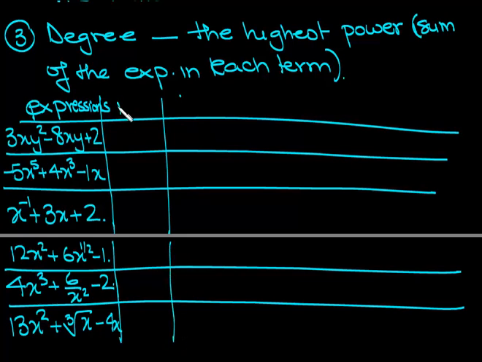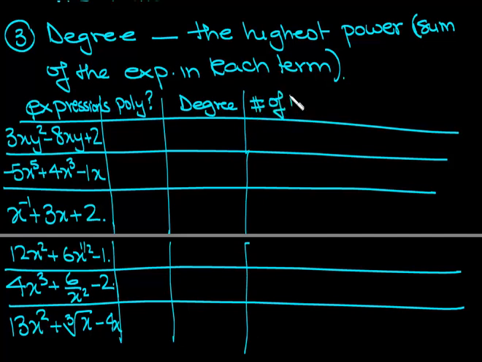Okay, so I'll just put polynomials question mark. The next thing is, if they are polynomials, we want to identify the degree right away. Then we want to identify the number of terms, because that's going to be important later, and that's why I'm introducing these terminologies.